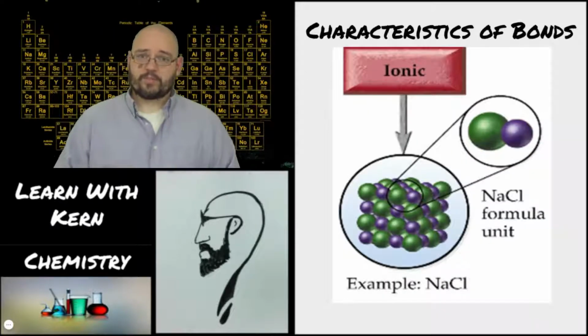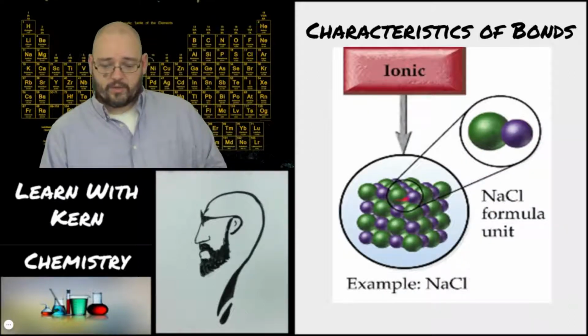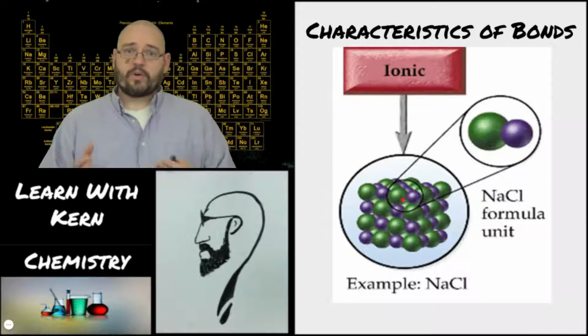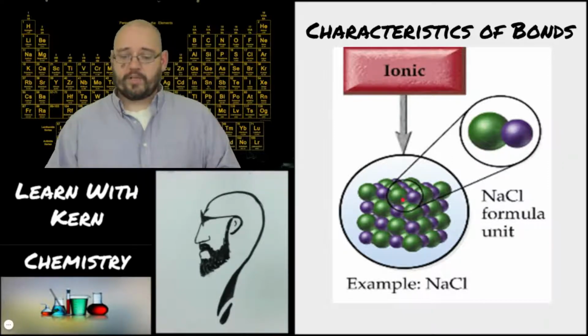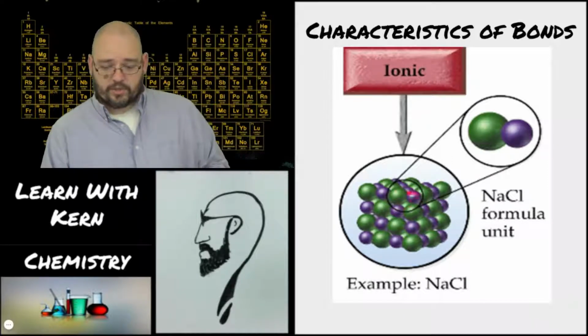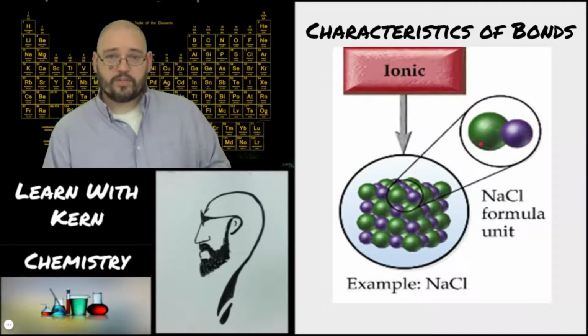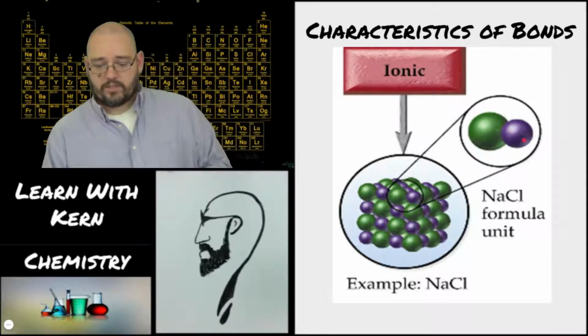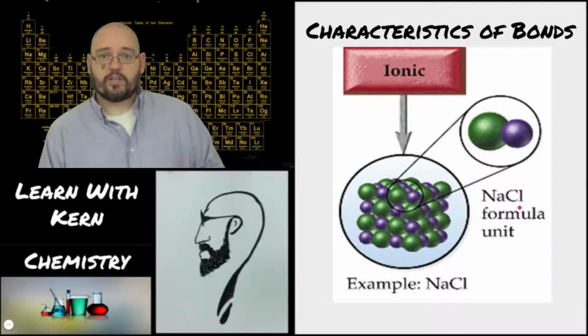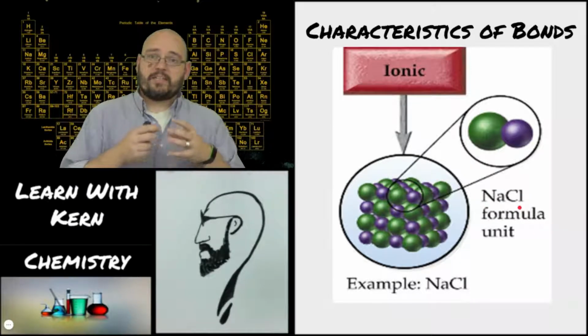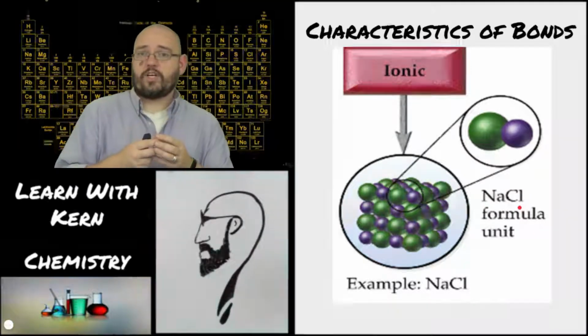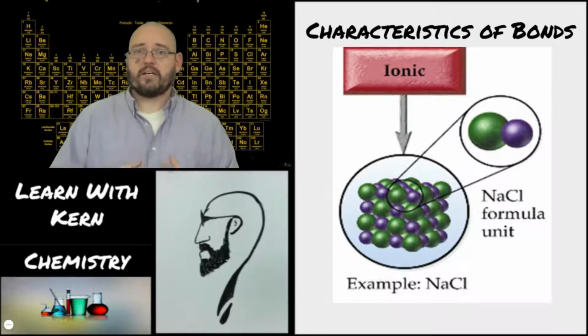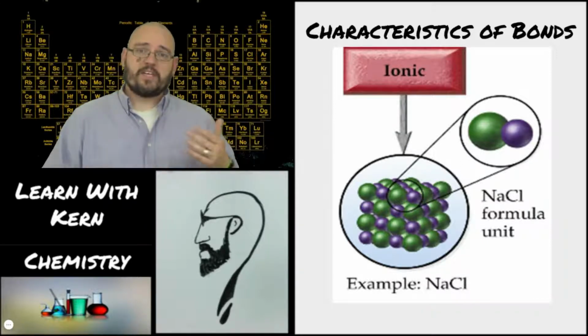So, for example, back to sodium chloride, you have the crystal. It's a 1-to-1 ratio. There's one sodium for each chlorine. So the 1-to-1 ratio shows us that the smallest formula unit, the smallest part of this crystal, is one chlorine with one sodium. And we call that a formula unit. The smallest ratio of your positive and negative ions is the formula unit of the ionic compound.